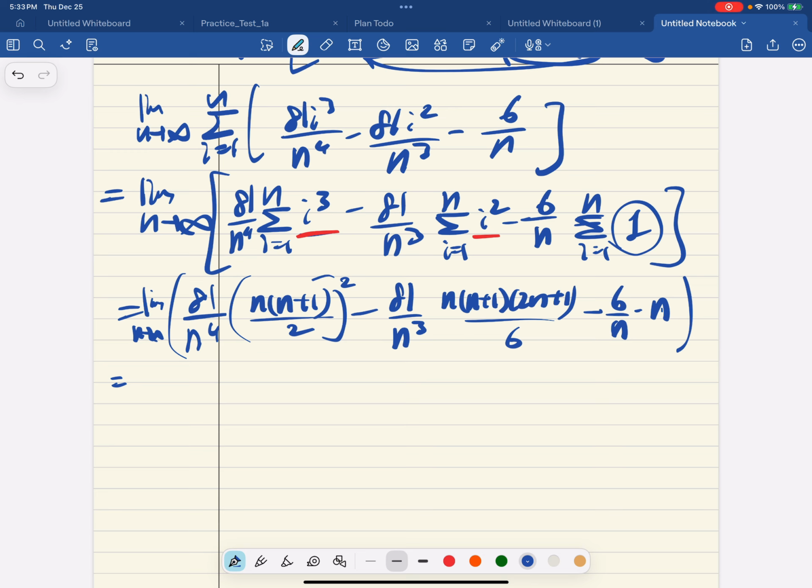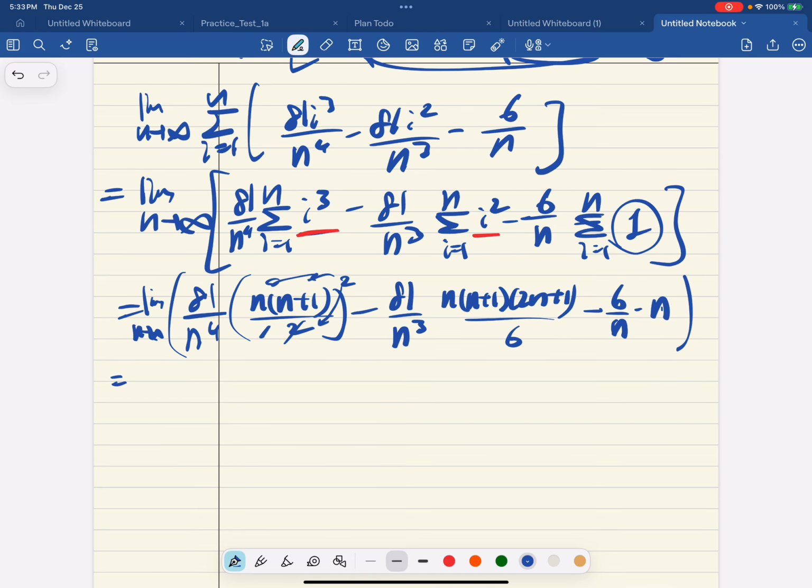We're going to distribute the 2s. Don't forget to distribute it here. That turns into a 4, and that turns into a 4 instead. That becomes 81 over 4 minus 81 times 2, but then divided by 6, so just divided by 3.